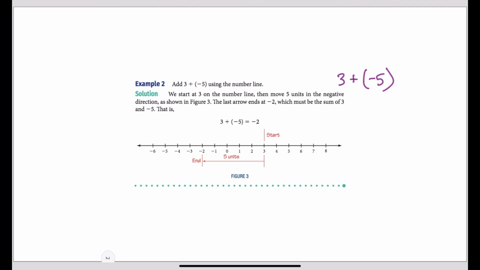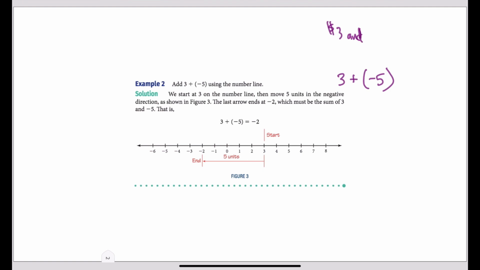Let's say this is money. And let's say I currently have $3. And that's what the plus means, right? And then I add to that $5 in debt, and that's what the negative represents.